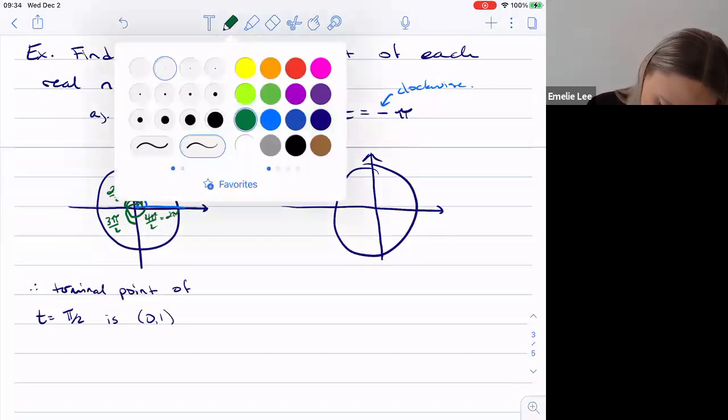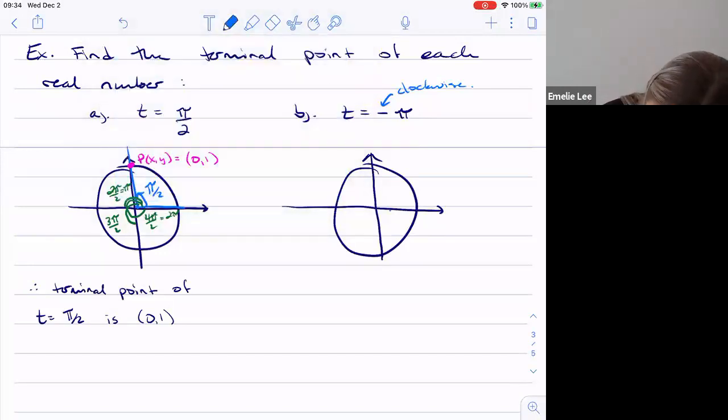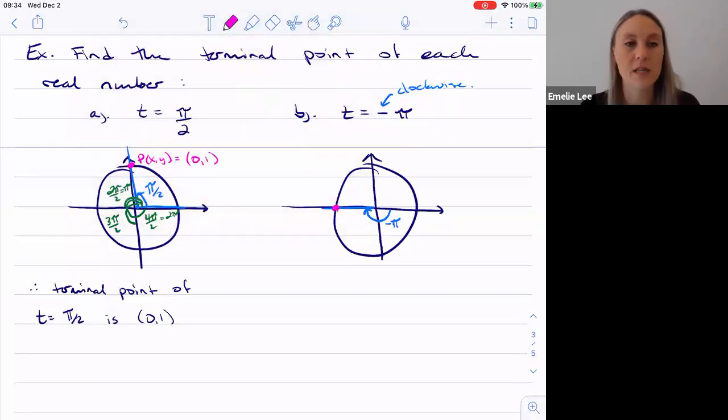So from here, I'm going negative pi, which puts me on this arm here. And because I'm on the unit circle, again, I know where this point is.